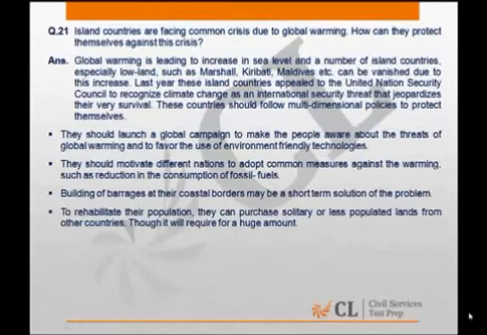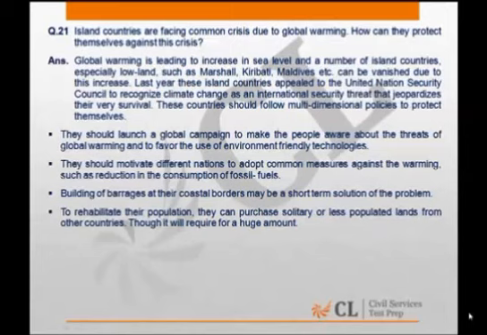When we come to question number 21, again the question is based on global warming. Island countries are facing a common crisis due to global warming. How can they protect themselves against this crisis? Island nations like Maldives, Mauritius, Kiribati, Marshall Islands, Malta, etc. are facing a severe crisis of drowning.